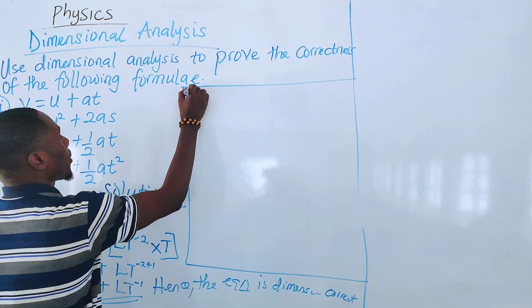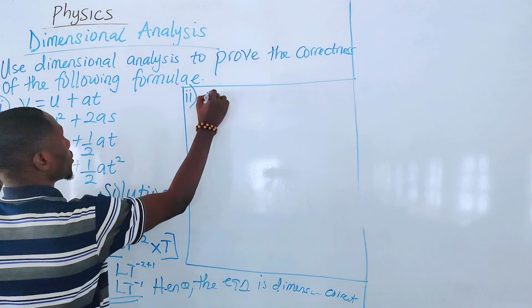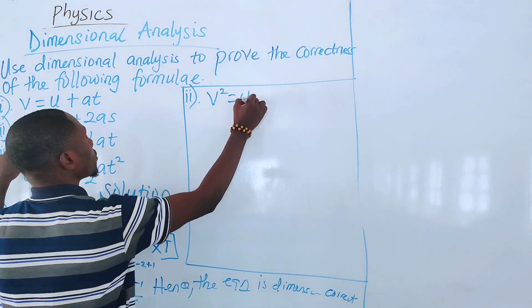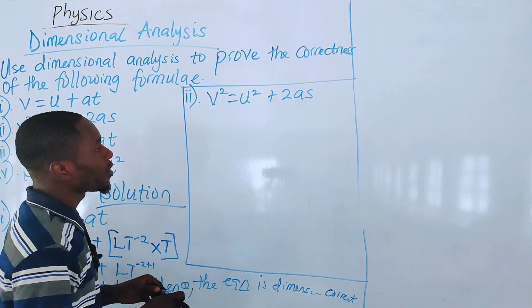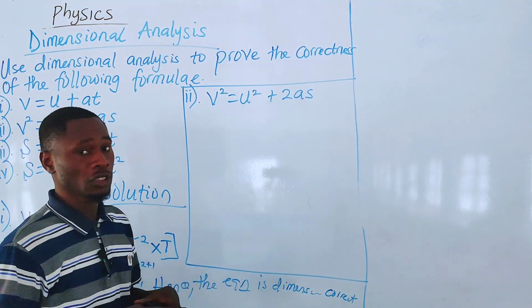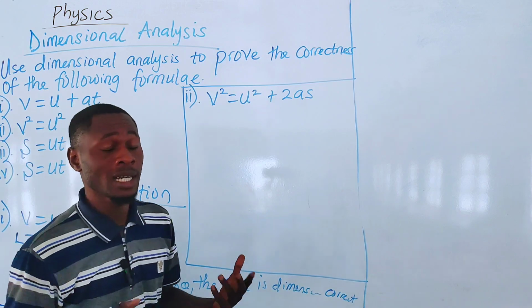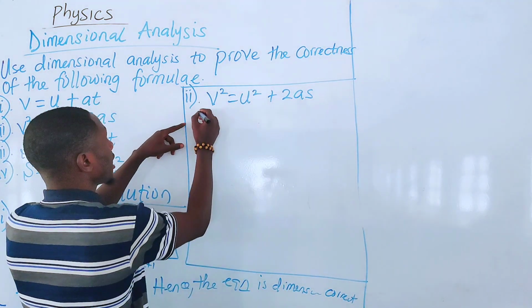Now, the second one, we have V squared is equal to U squared plus 2AS. All right, so V, we already know is the final velocity, and the dimension still remains the same as that of velocity, but it is squared, so we'll also square the dimension.